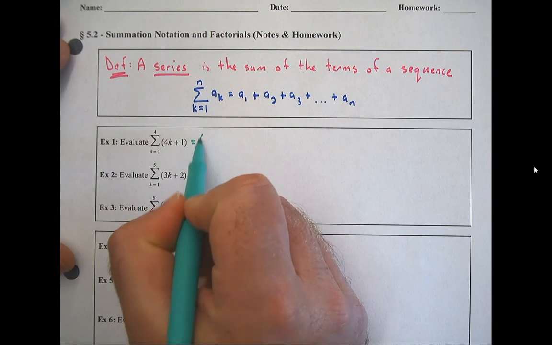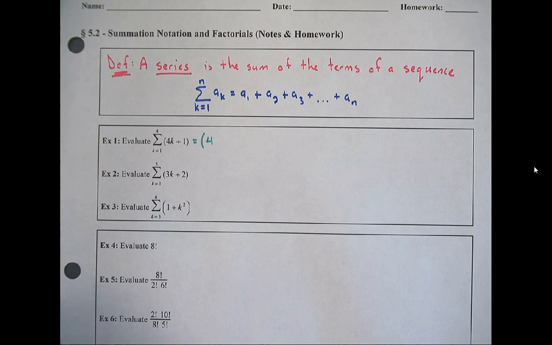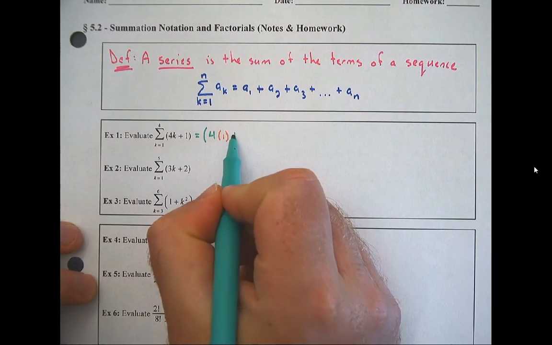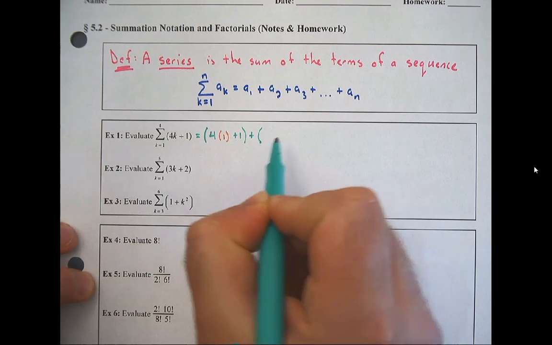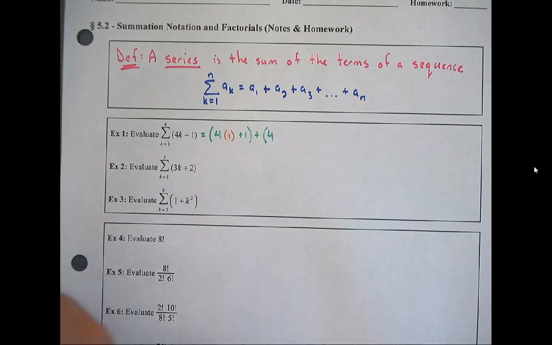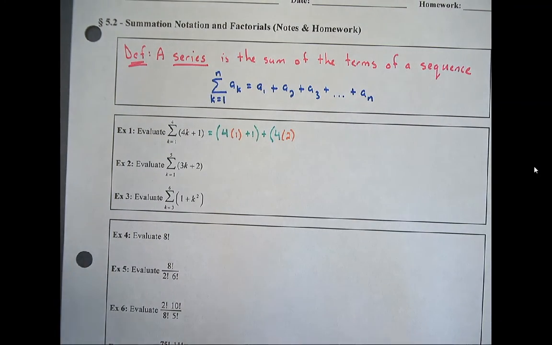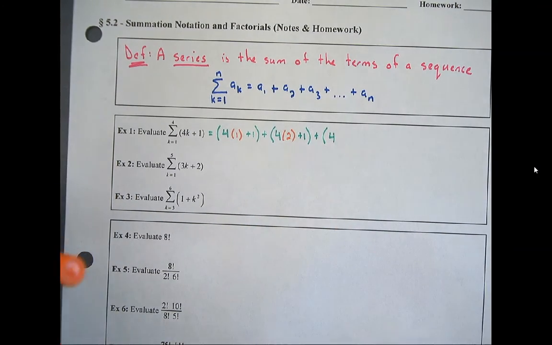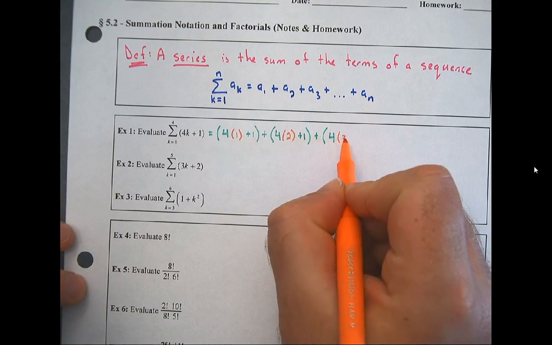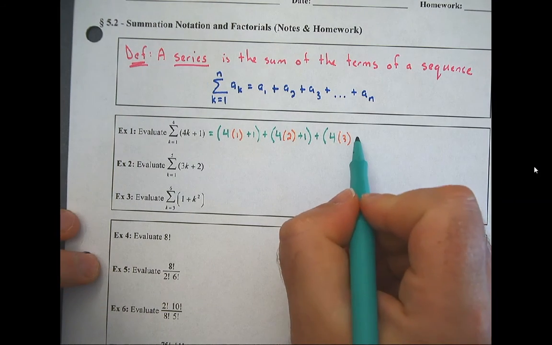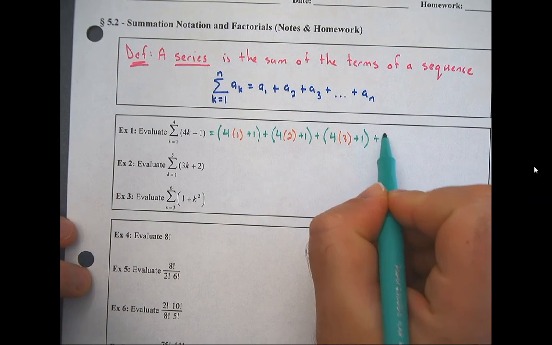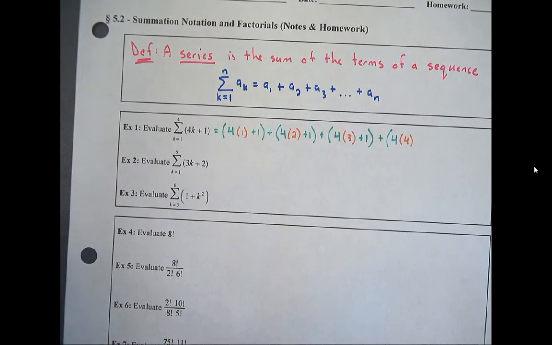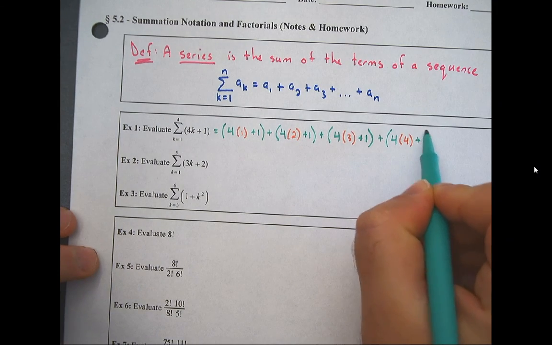So my first term would be 4 times 1 plus 1, plus, now I'm going to put in my second term, 4 times 2 plus 1, plus 4 times 3 plus 1, plus 4 times 4 plus 1. Now, why did I stop there? Why is this my last?